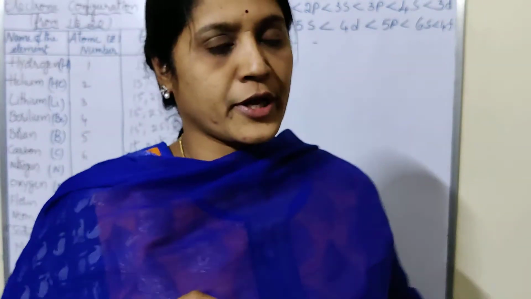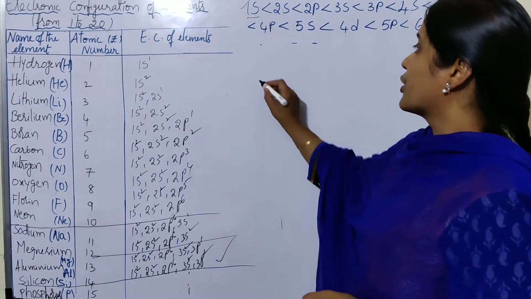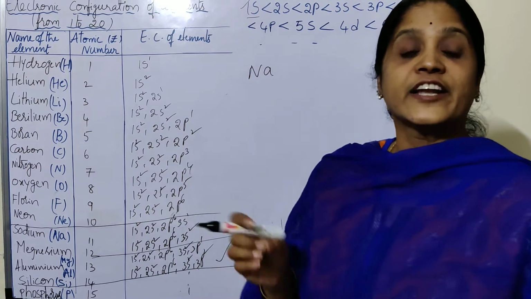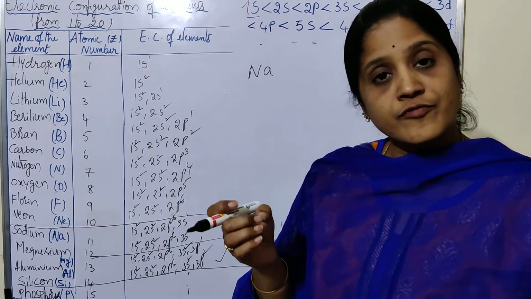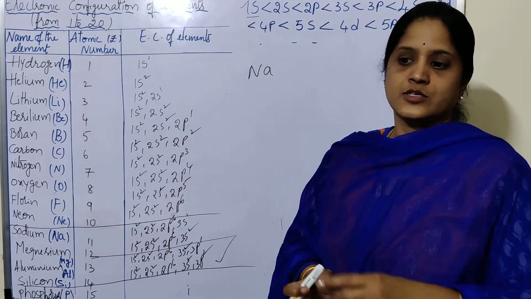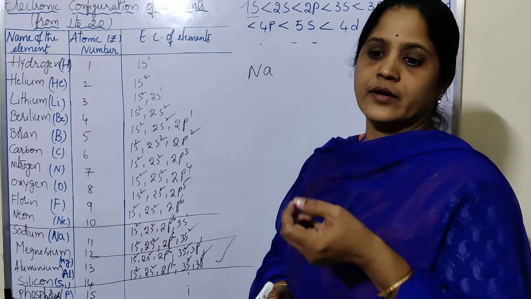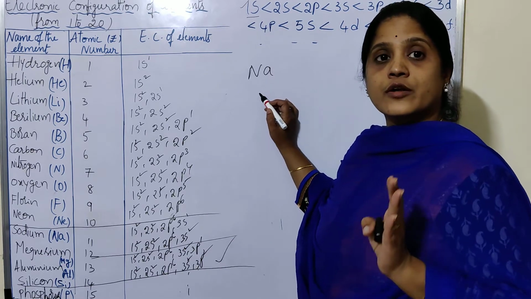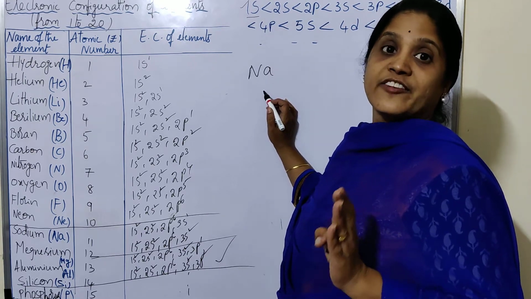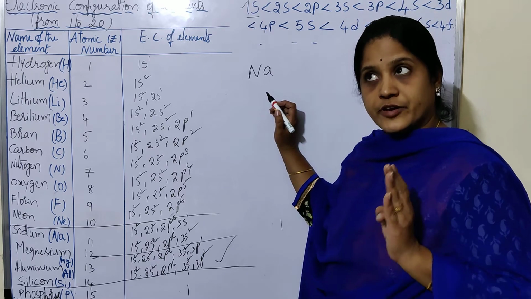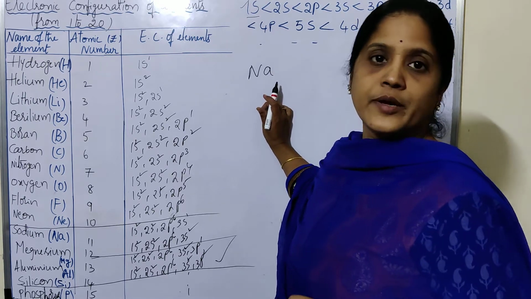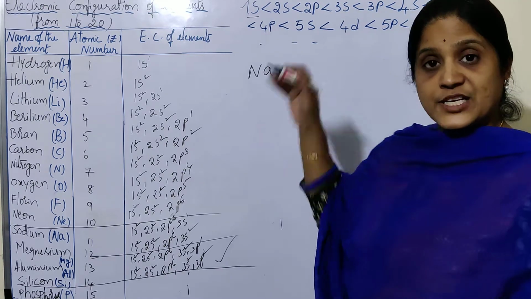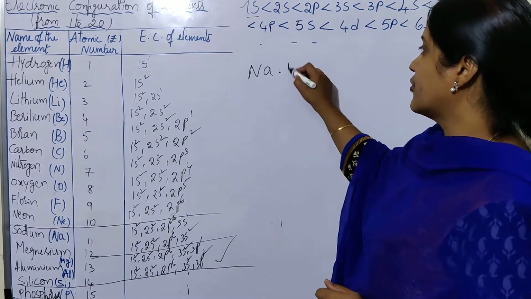Here for the sodium atom, write all the 4 quantum numbers of the differentiating electron of the sodium element. In our textbook there is one question given. What is that? Write all the 4 quantum numbers of the differentiating electron of sodium. First, what is the atomic number of sodium? 11.